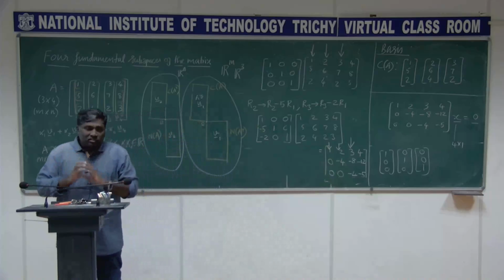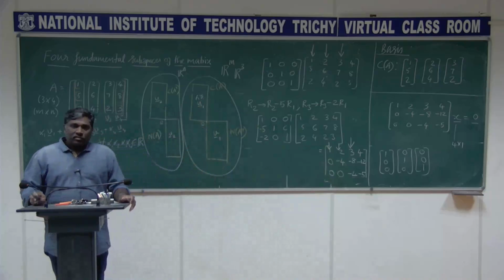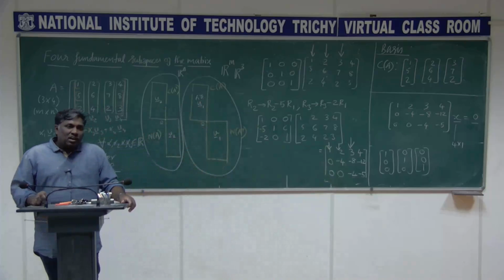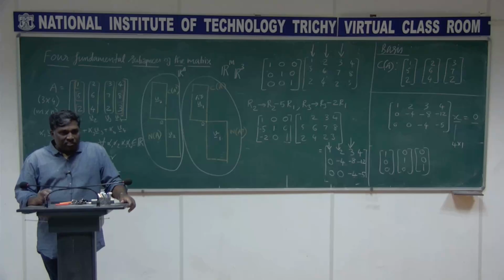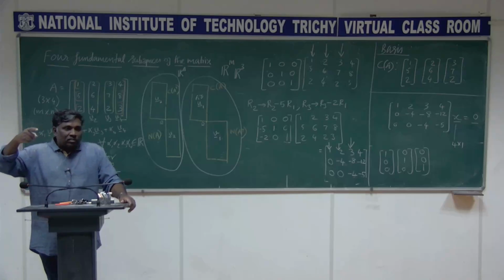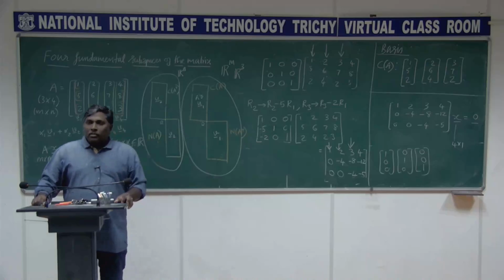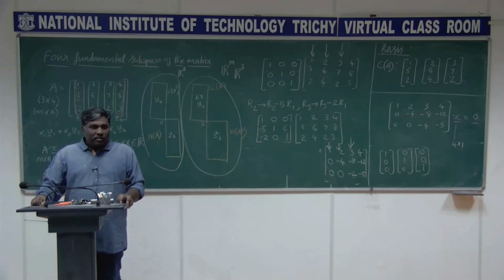That we'll get 2 vectors here and 1 vector here. But in this case, as the number of vectors which spans the column space of A is the same as that of the space which spans the complete R3, right? Your null space of A transpose is actually becoming 0 vector. Right? That is one point.